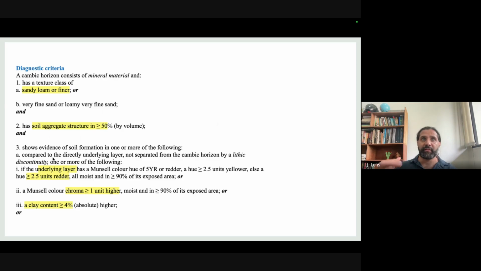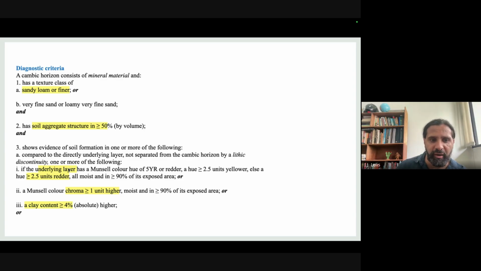So the cambic horizon and the underlying horizon are not separated by a lithic discontinuity. So they are formed from the same material and just weathering differentiated them. And I need to find one or more.